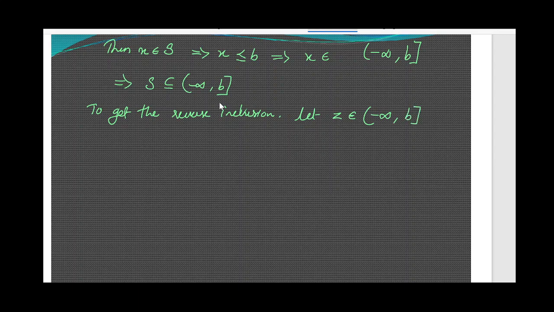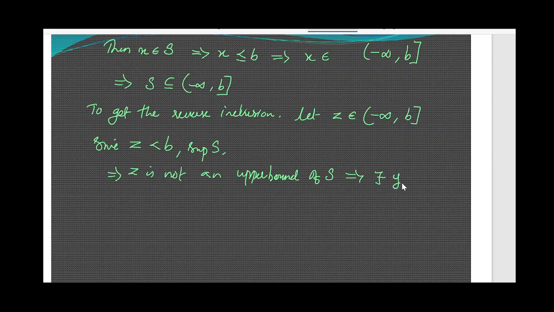Now we want to prove that this z belongs to S. Since the z value is less than b, which is equal to the supremum of S, z is not an upper bound of S, which implies there exists some y belonging to S such that z is less than y.